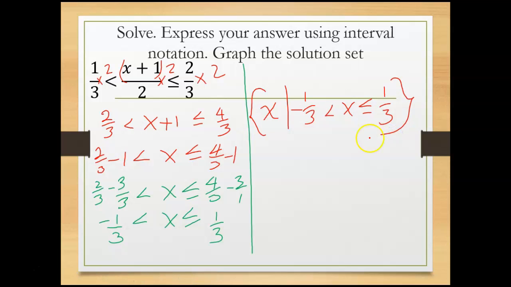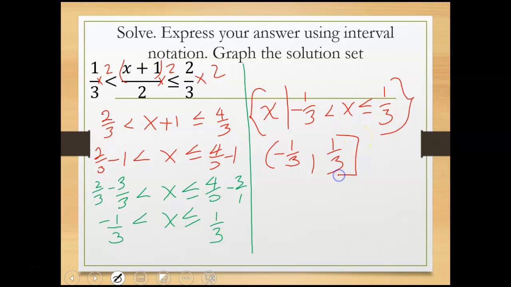So this is one way of expressing it as a set. And then in interval notation, since the negative 1/3 is only less than, it's going to be open at negative 1/3, comma, and then 1/3 is also equal to, less than or equal to, so it's going to be closed.